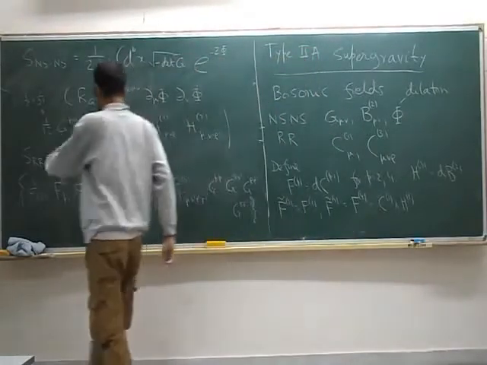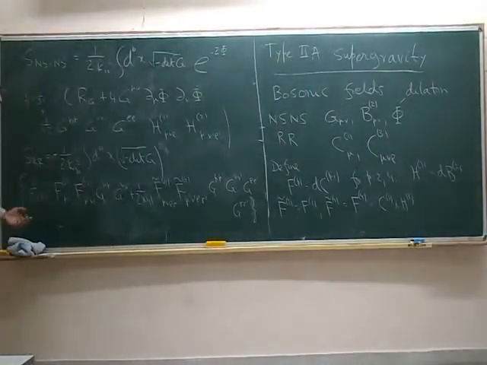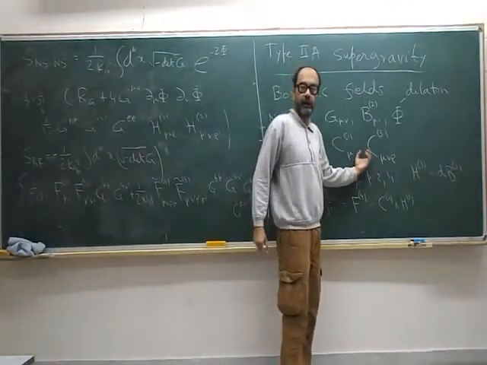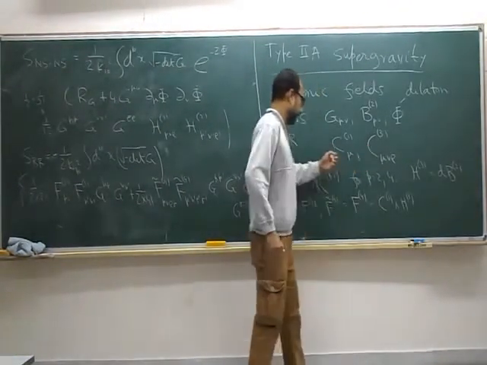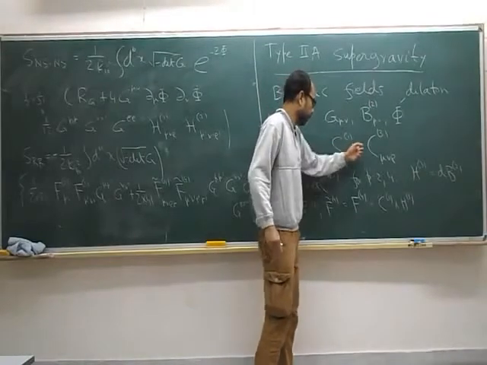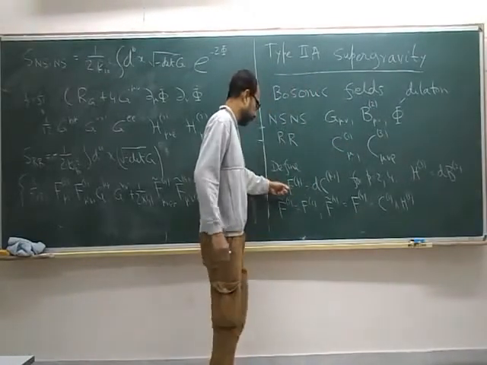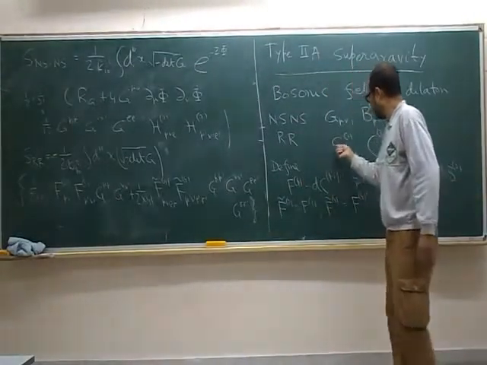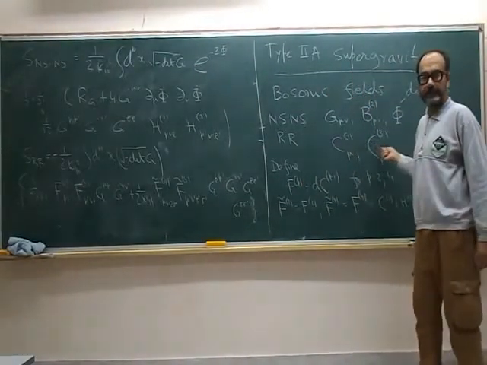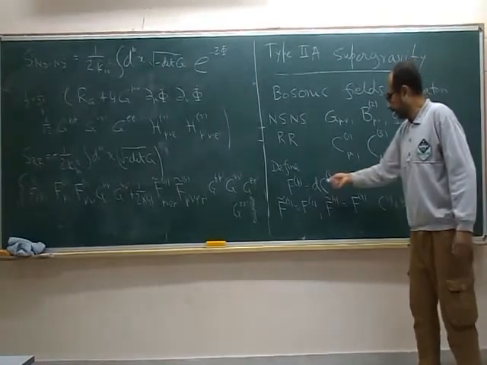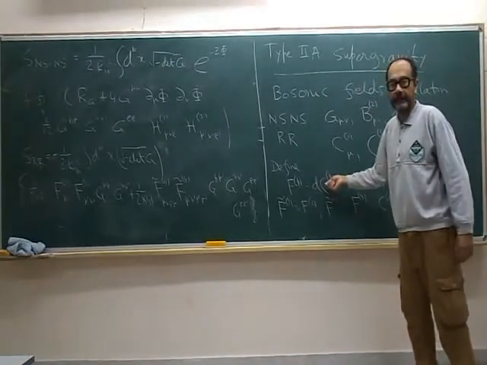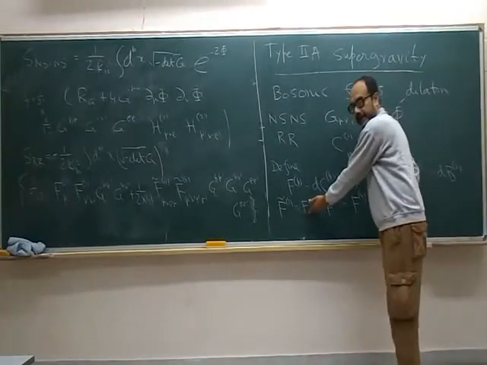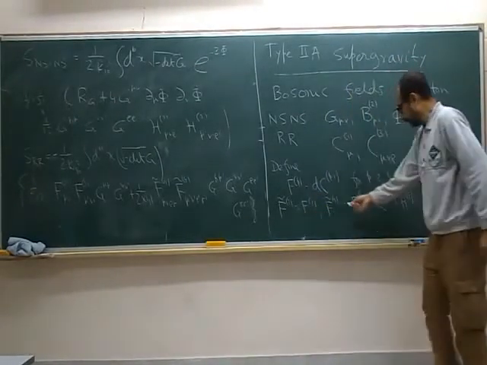But in the RR sector, what you can do is to essentially scale all these RR fields by a constant. You see that this C1 and C3, you look at the definition of F. So F2, suppose you scale C1 and C3 by lambda. Then F2 and F4 get scaled by lambda. It is just dC. F tilde 2 is just F2, so it gets scaled by lambda.